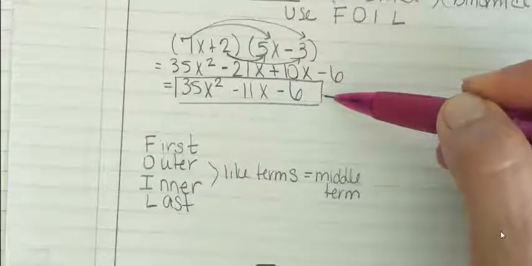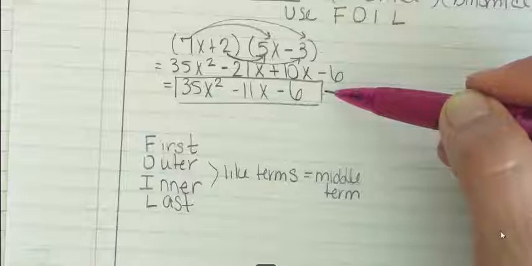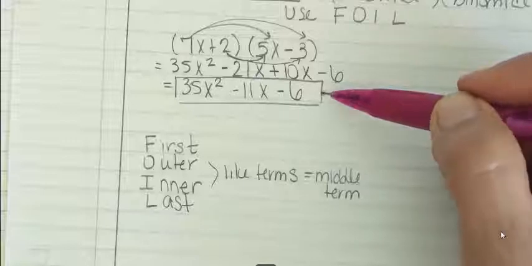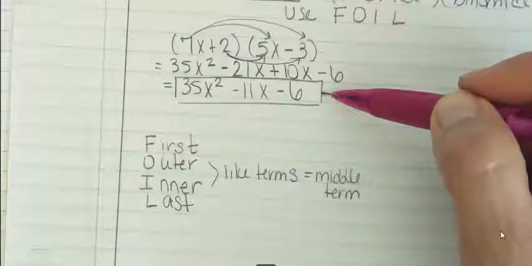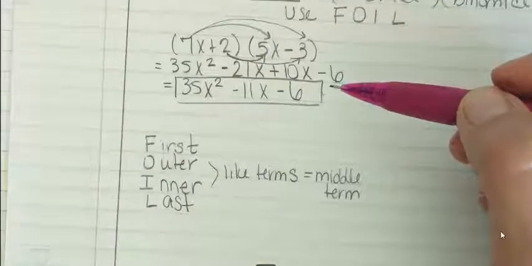This never leaves you. As long as you are working in mathematics, you will be factoring for the rest of the time that you work in mathematics. And those of you that are staying with me through your entire high school career will be doing lots and lots and lots of this. We'll even do this in calculus. Okay? And then those of you that are going on to college, you're going to need a math class, at least one.